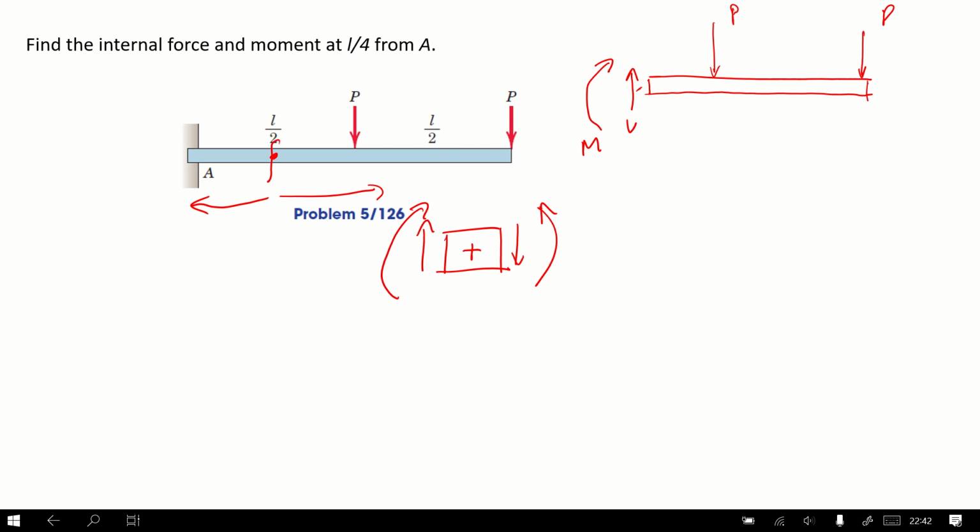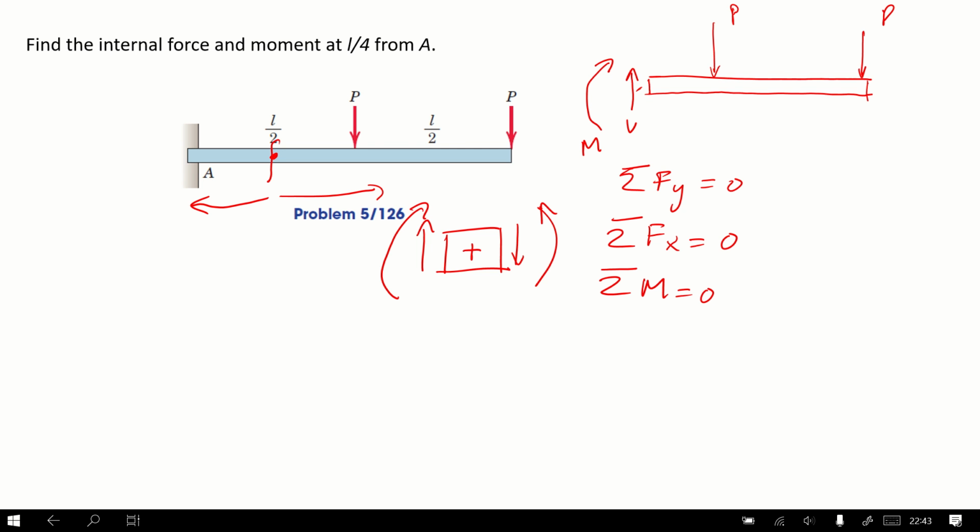Now we return back to the case here. How can we find the value of V and the value of M there? As usual, whenever we have a free body diagram, we can have three equations to solve the problem. The first one is sigma Fy equal to 0, second is sigma Fx equal to 0, and the last is sigma moment equal to 0.